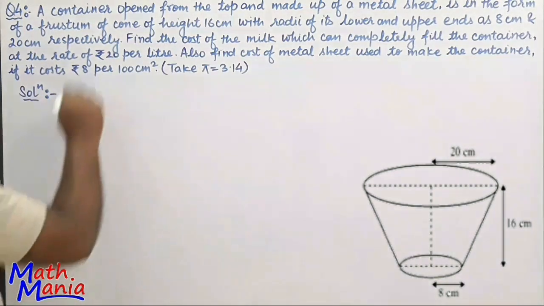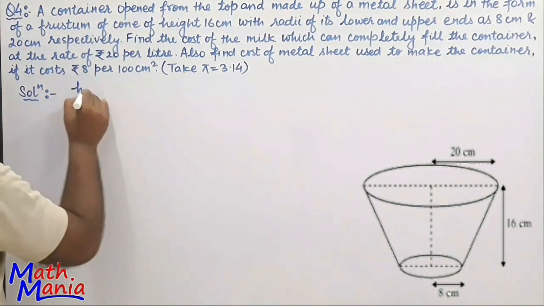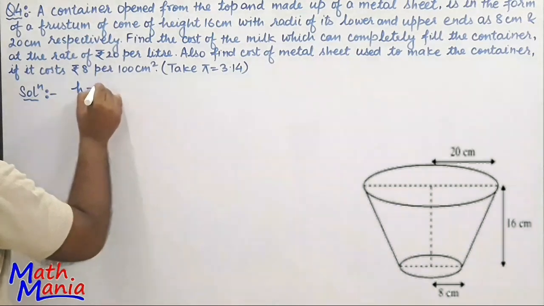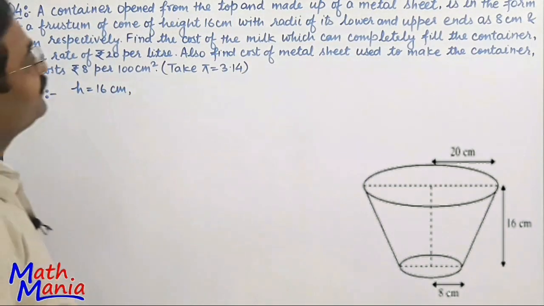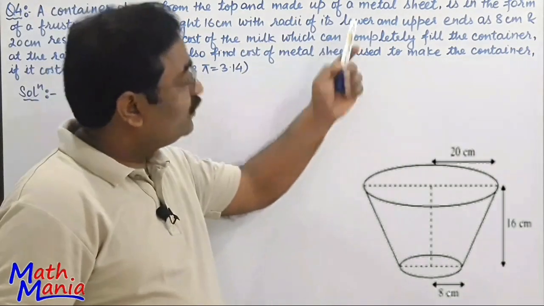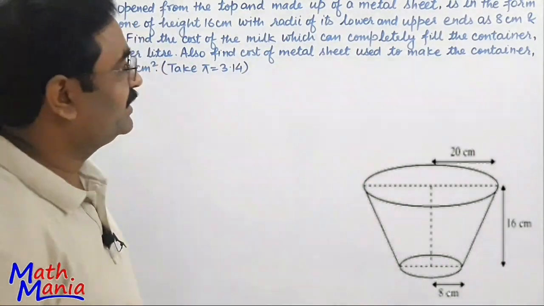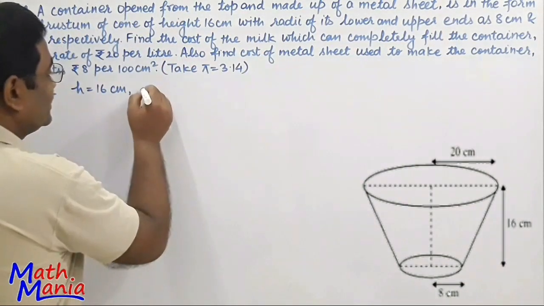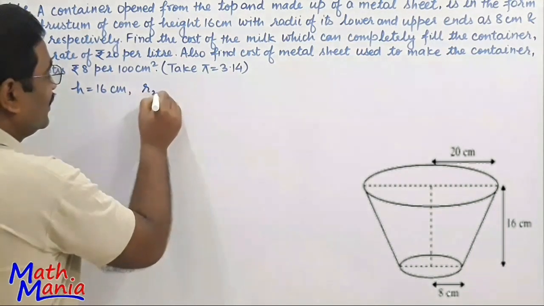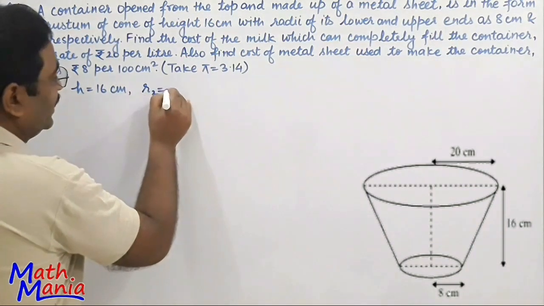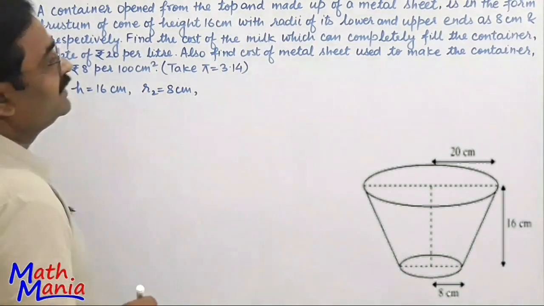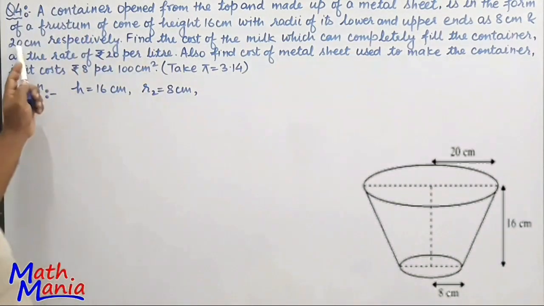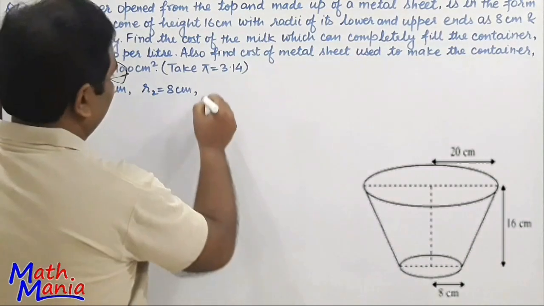Given that height of the container h is equal to 16 centimeters. Afterwards, the radius of the lower end which is 8 centimeters, say it is R2, and the radius of the upper end is 20 centimeters.